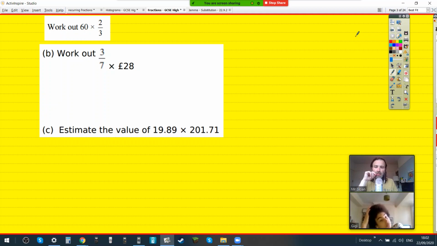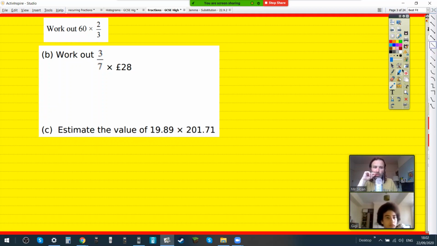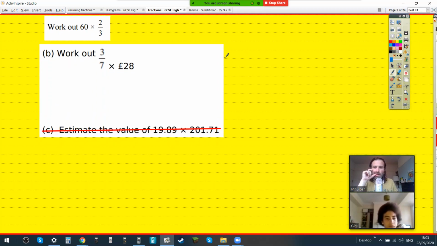Okay. Any idea how you multiply a whole number by a fraction? Any idea how you do 60 times 2/3?